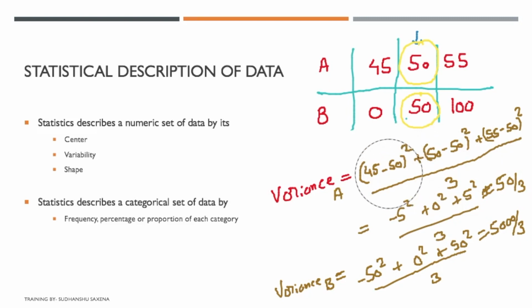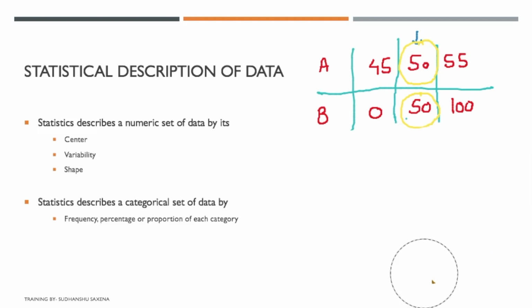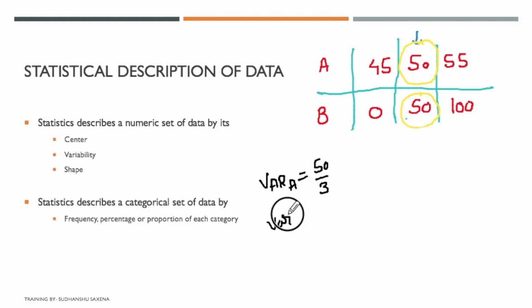So what I'm going to do is delete all this stuff, and over here I'll write that the variance of A was 50 by 3, and the variance of B was 5000 by 3, but it doesn't make much sense to me, because I don't know what it is telling me.